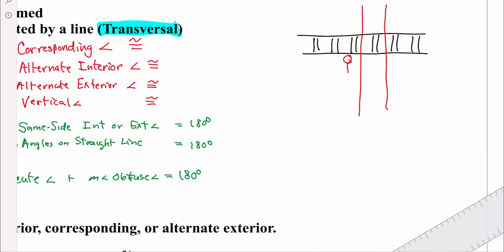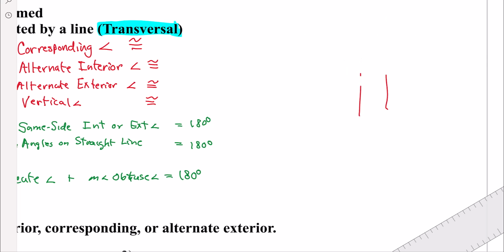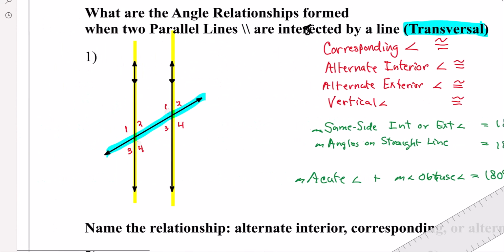Well, railroad tracks are parallel, and the roads that cross the parallel tracks would be an example of a transversal. Okay, so let's look at the relationships formed.